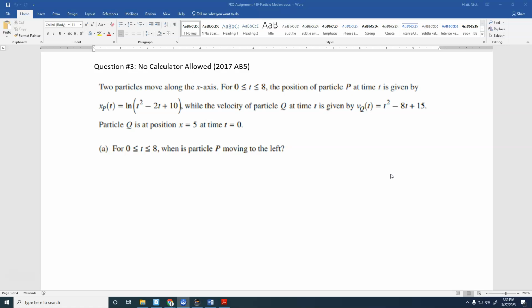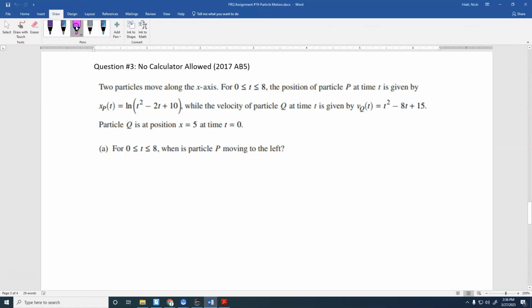So if a particle is moving to the left, what do we know should be true about it? Velocity is negative whenever this happens. And of course, if they had asked for the right, the velocity would be positive.